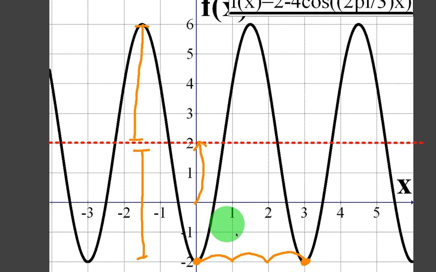Now that's kind of confusing because cosine usually is pointing up right here, right? However, if you think about it, the crest of the wave is at 0. I guess you say the bottom of the wave.